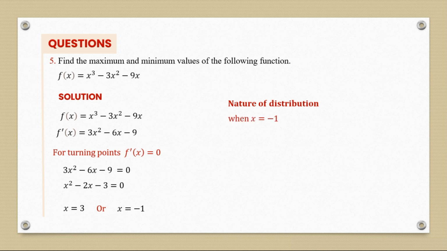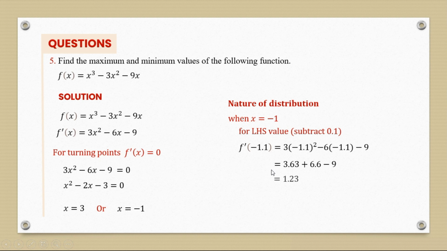So when x is equal to negative 1, now let's find the left hand side value. We're going to subtract off 0.1. So when I do that, I'll get negative 1.1. Then plug the values into the equation for the derivative of f(x). When I solve this, I'll have it as 1.3. So this value is greater than 0, which means that we have a positive on the left hand side.